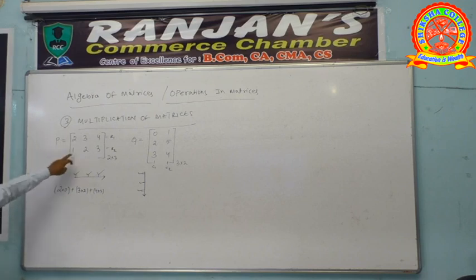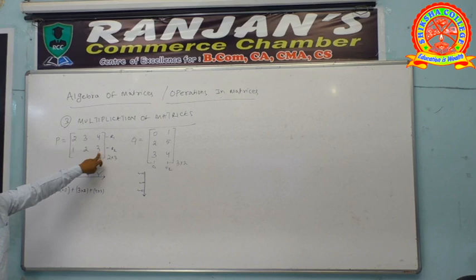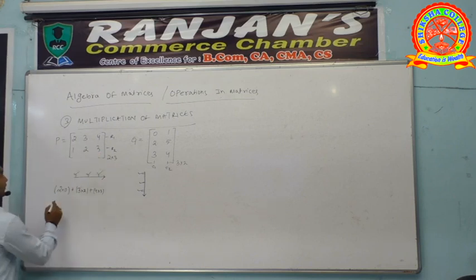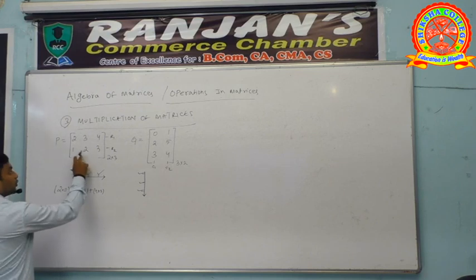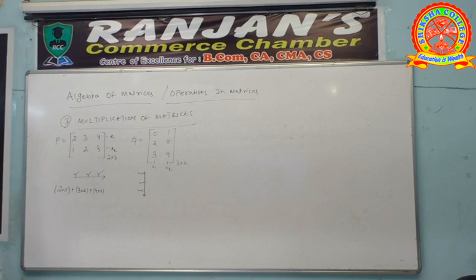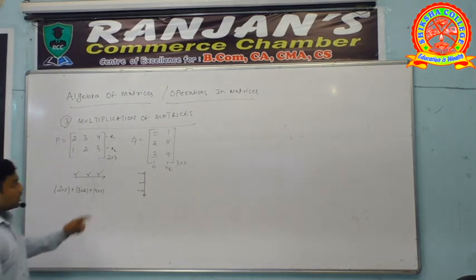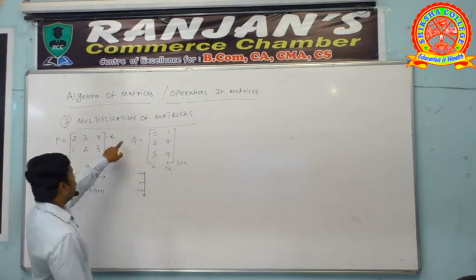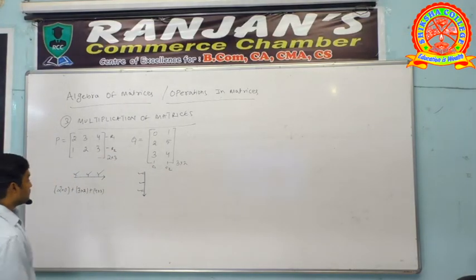Now it is the time for row 2. Same, row 2. Both rows are multiplied with column 1 and column 2. Both rows are multiplied with both columns.